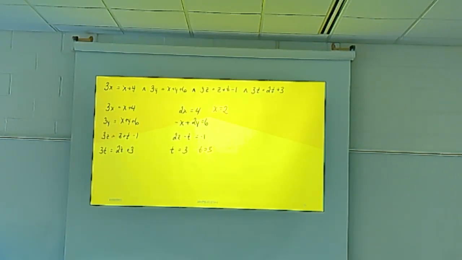Using that knowledge, we now have negative 2 plus 2y is 6, and 2z minus 3 is negative 1. What's y? 4. What's z? 1.